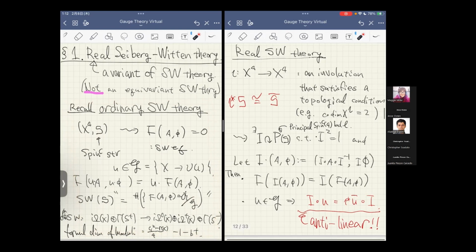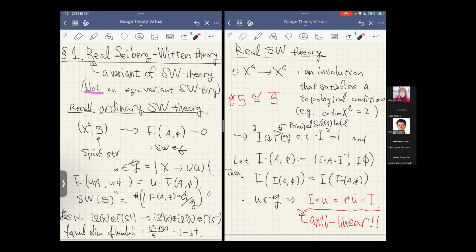The setting of real Seiberg-Witten theory is as follows. Let iota be an involution on X that satisfies topological conditions. For example, that condition is satisfied if the codimension of the fixed point part of this involution is 2.